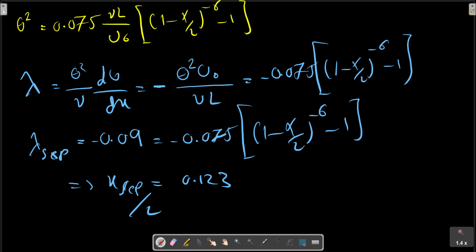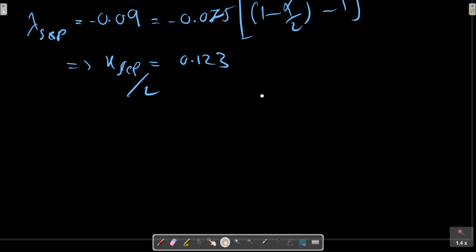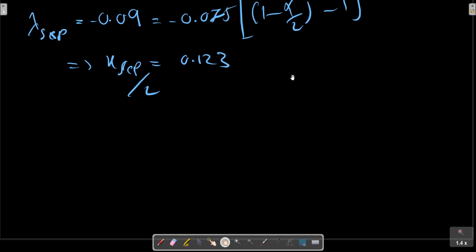To compute CF, we should first compute CF at x/L equals 1/10.